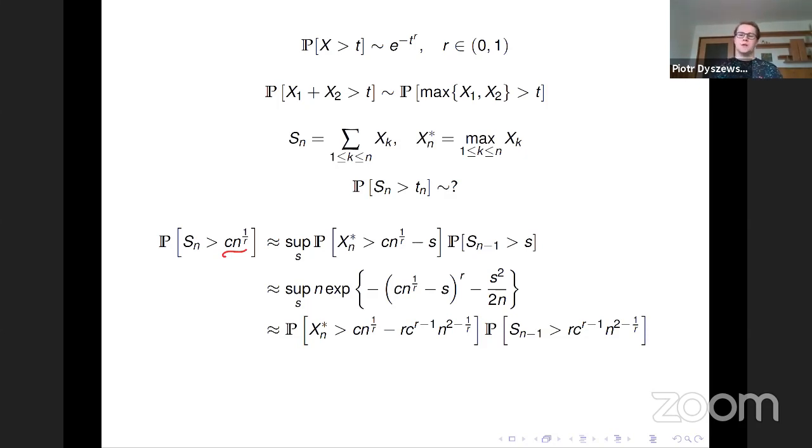And naively, what you can do is say, okay, so the biggest displacement does something, right? And then the other displacements somehow contribute, right? So you can naively try to write this supremum and just see what happens.